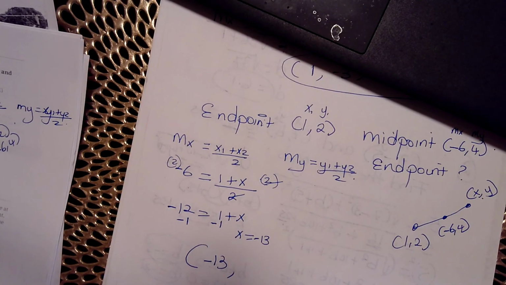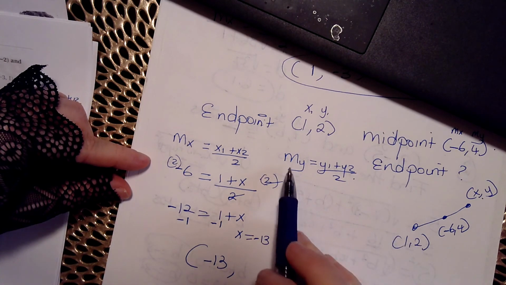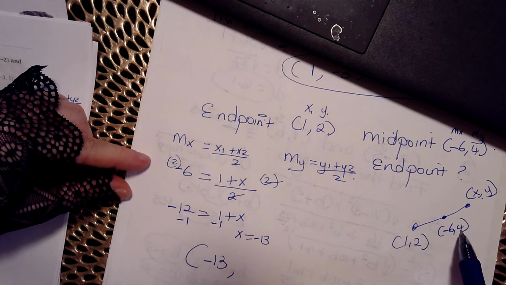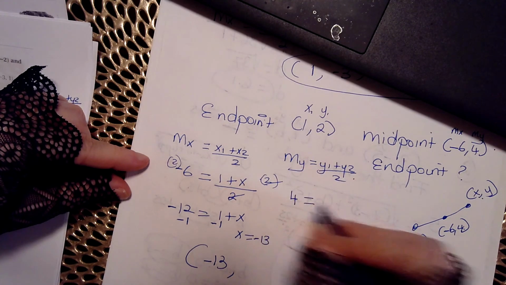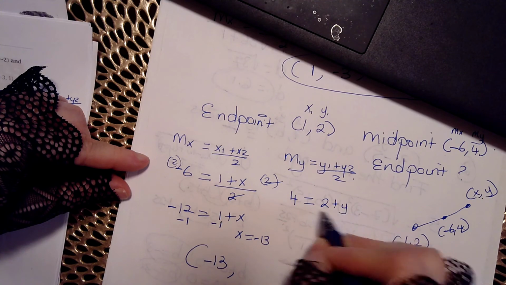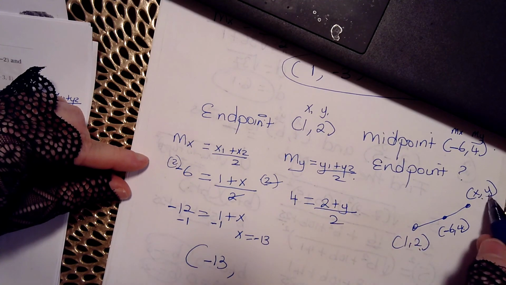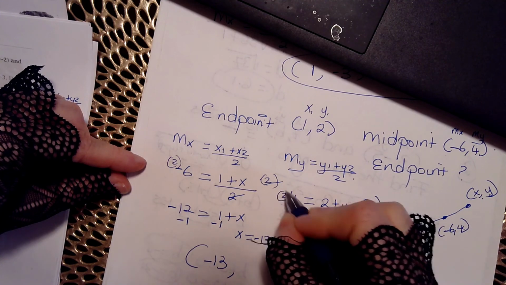All right, so I want to find y now. So I'm going to do the same thing. I have the midpoint of y, so sometimes it helps to draw it out if that helps you and you understand what you're looking for. So the midpoint of y is 4, and the endpoint of y is 2. Plus, I'm looking for that other endpoint. So again, just multiply both sides by 2.